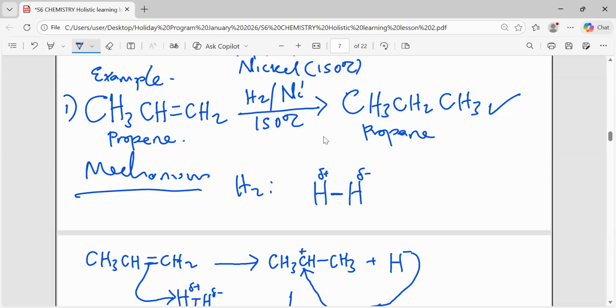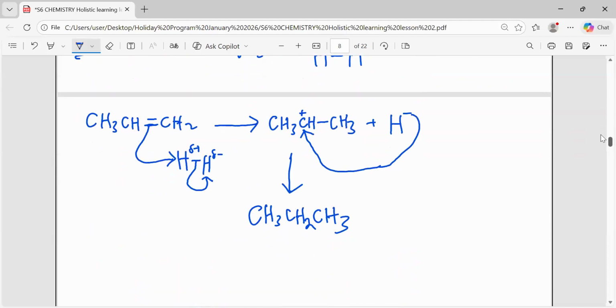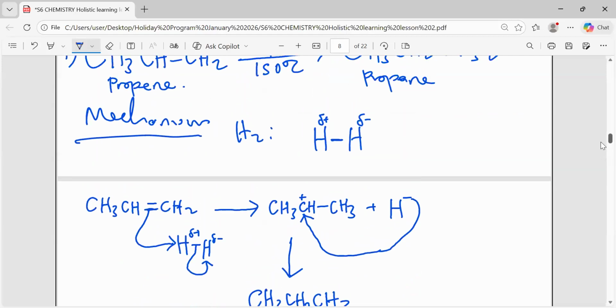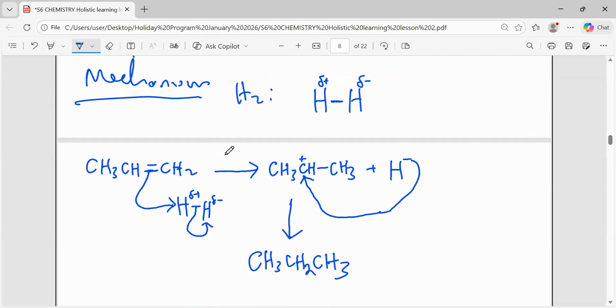Do I also label that arrow in the mechanism, putting the hydrogen like that? Is it optional? It is not necessary.